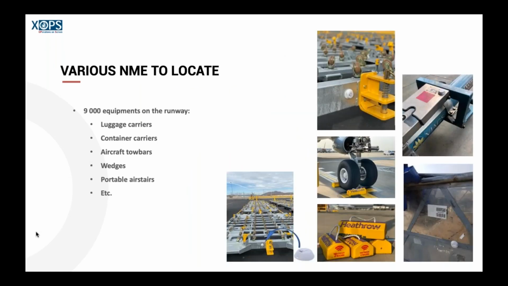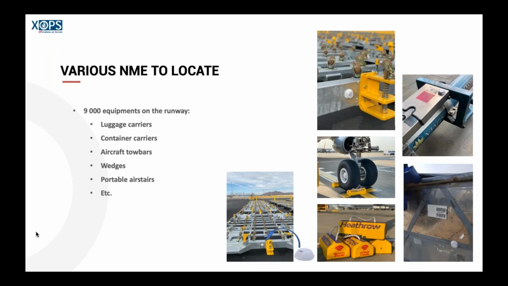Just to give you an idea of the size of the puck, it's very small, easy to stick. Then it could be stuck on the dollies where we put the ULDs for the baggage in. Or also we can integrate this in the chocks that you see on the pictures.